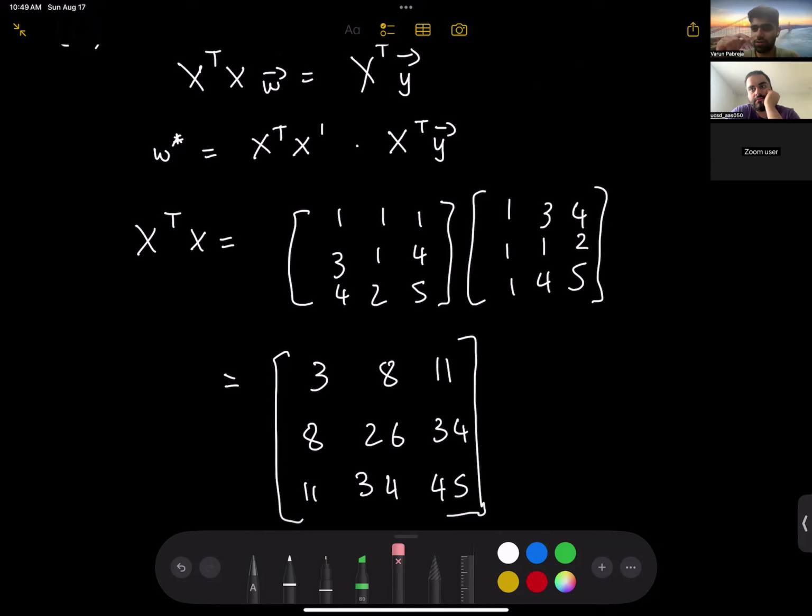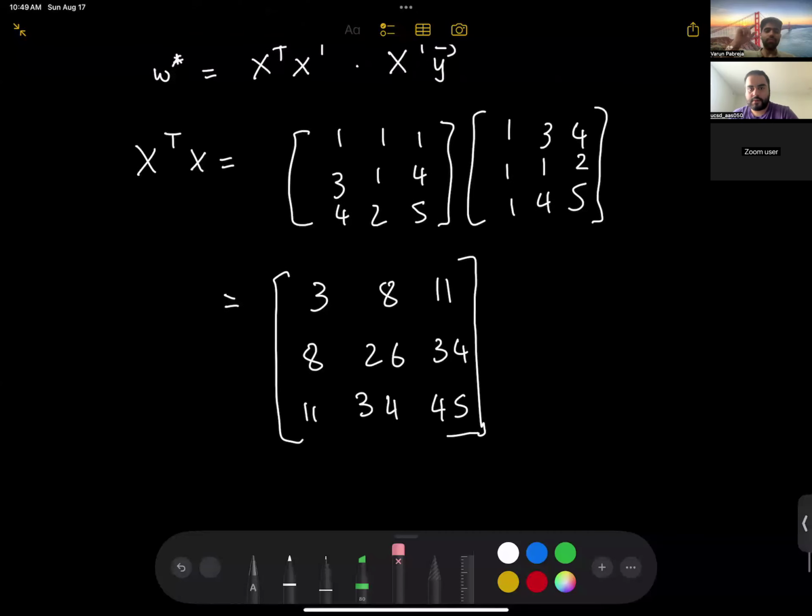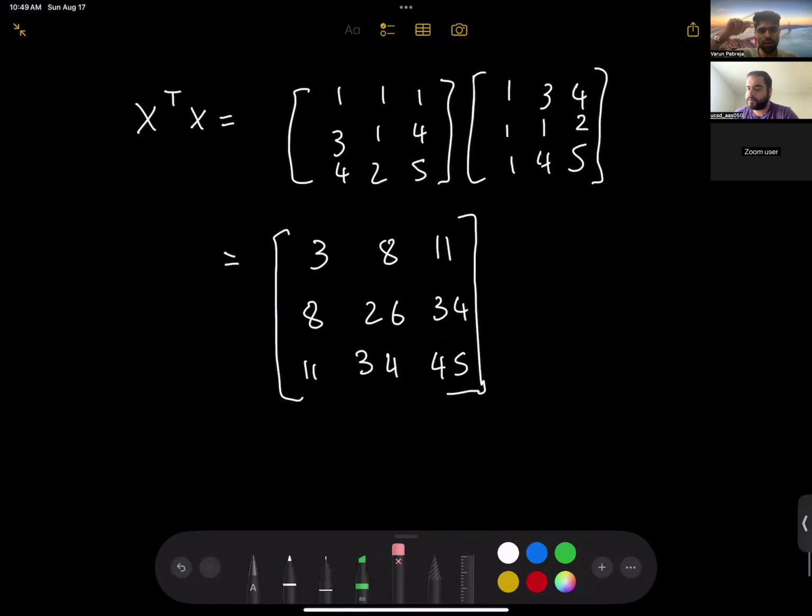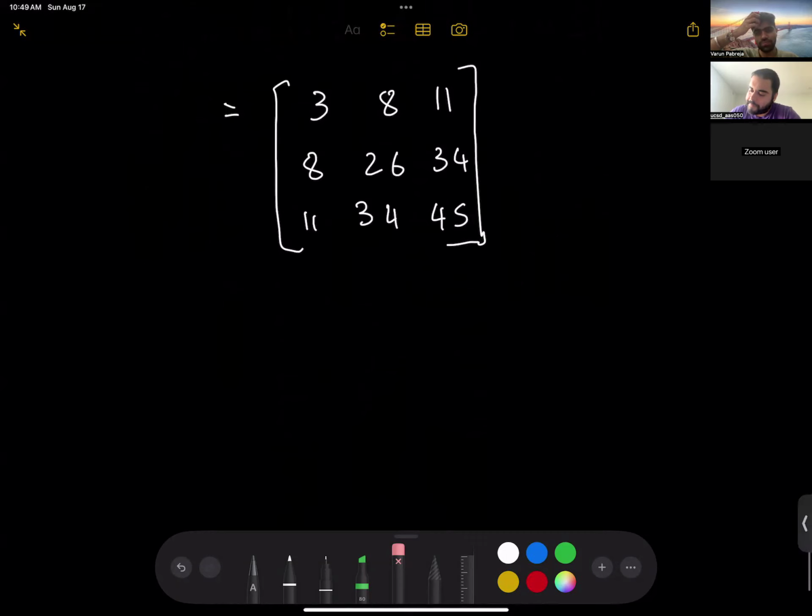Wait, do you want to write down the solution? Just say W star is... Oh, one second. Yep, 11 over 14 minus x3.